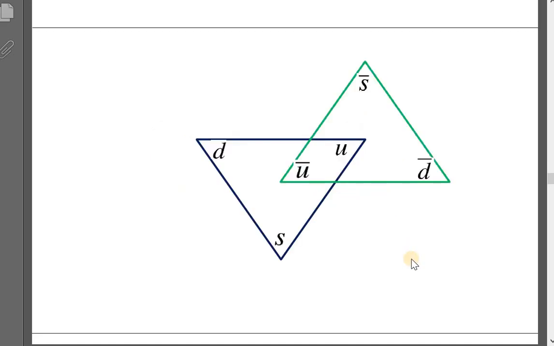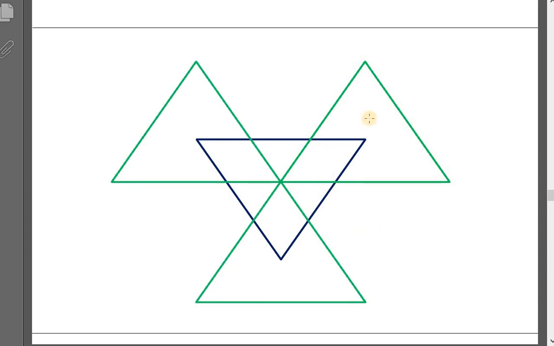Now how to proceed? We start like this. So this is the UDS. Now on each vertex I am going to draw a triangle corresponding to an antiquark. So it is 3 cross 3 bar, and for the sake of clarity I am just removing the nomenclature of quarks, and what we get as a result is this.